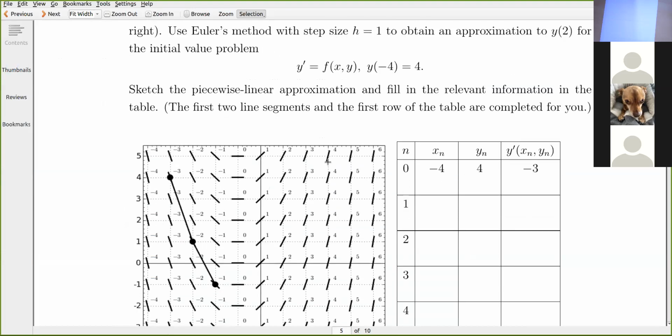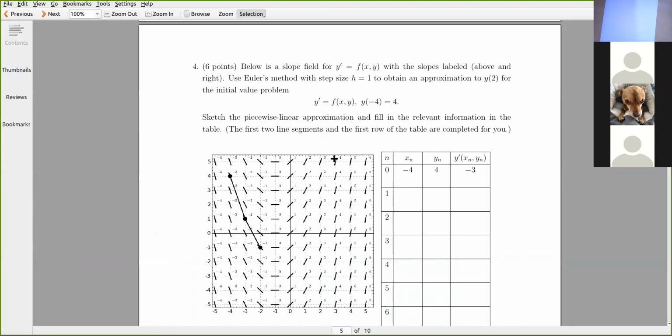So below is a slope field with slopes labeled. Use Euler's method with a step size of h equals 1 to obtain an approximation to y of 2 for the initial value problem. So we're starting at minus 4, 4. Sketch a piecewise linear approximation and fill in the relevant information on the table.